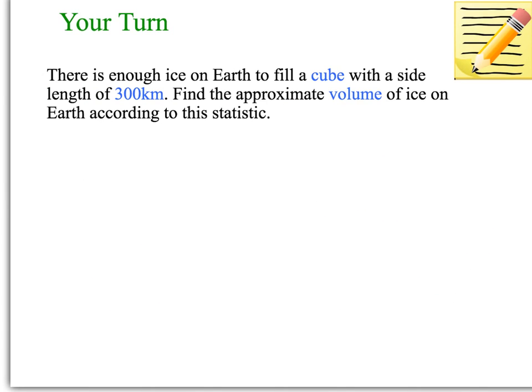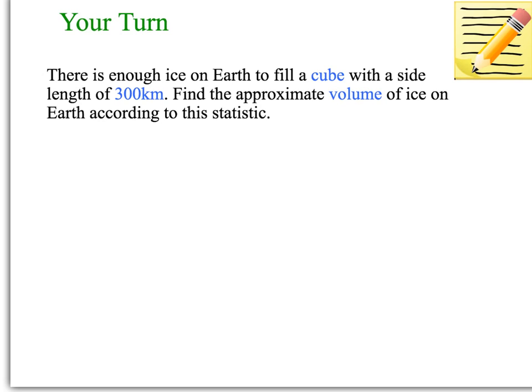Alright, now this one is for you. It's a bit of a harder one, but I know you can do these. You need to work out the volume of ice on Earth if you know the statistic that there is enough ice on Earth to fill a cube with a side length of 300 kilometers.